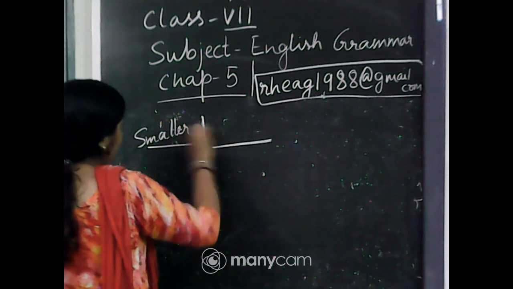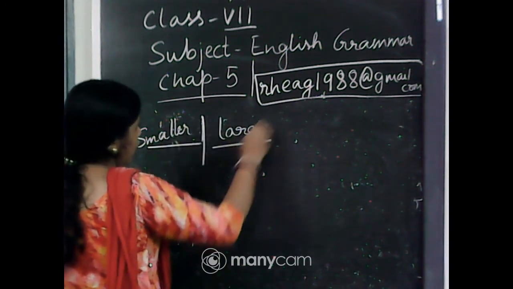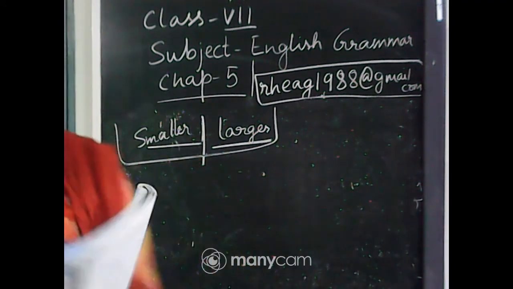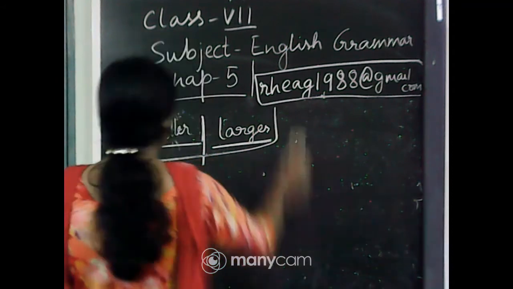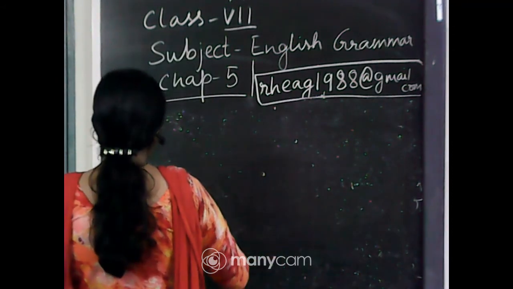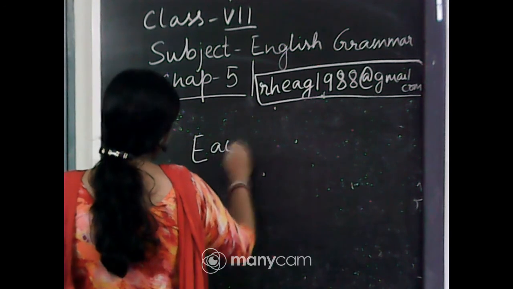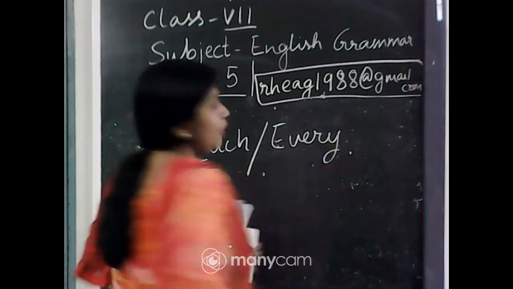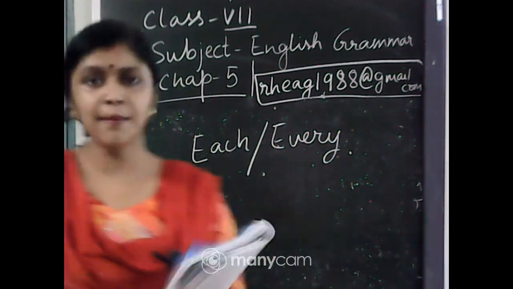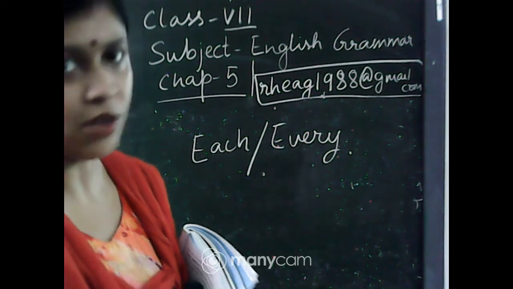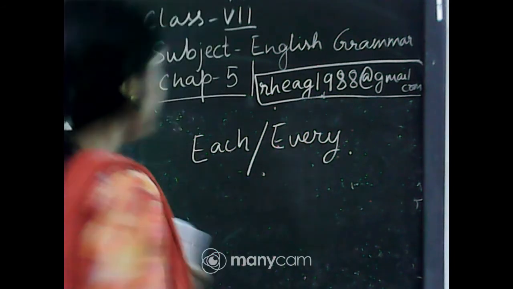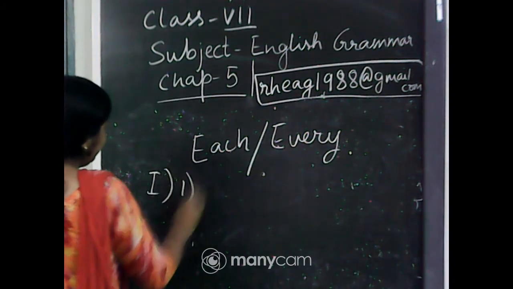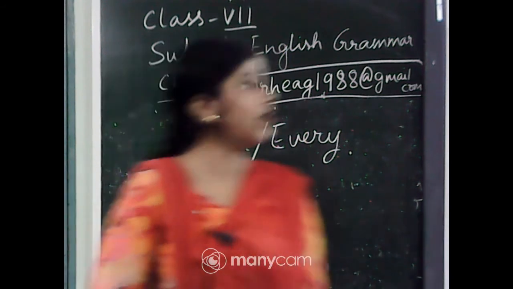But if you look at certain examples, you can understand that each and every can be used alternatively. That means in place of each also, if you write every, it will not be wrong. If I say every member of the football team was given a badge, it is not wrong. So first of all, you write down my answers. If you have a different answer, then you can tell me about it.